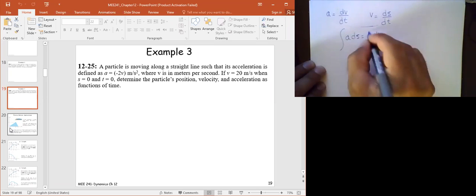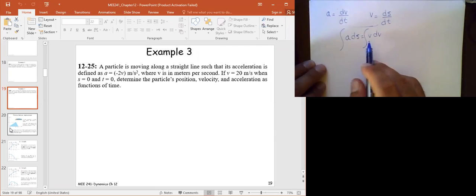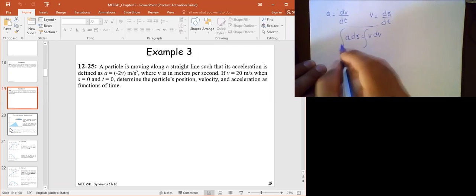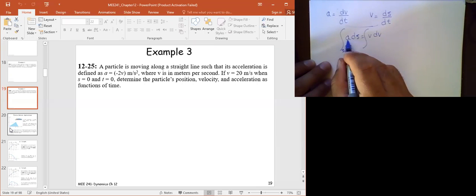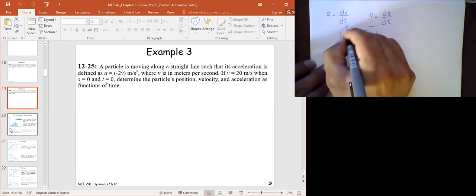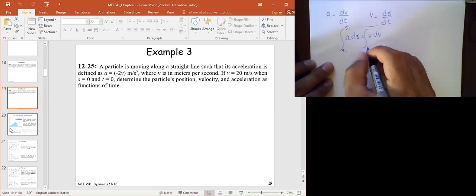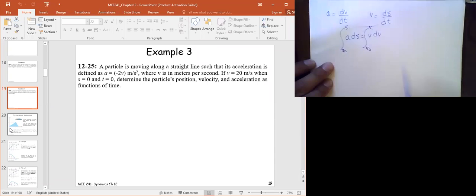If you want to get the overall difference in the velocities or the position, you would have to integrate that, and when you integrate this relationship, you have to have the same lower boundary. So here you have an acceleration applied on an interval from s0 to s1. The velocity will also go from v0 to v1.